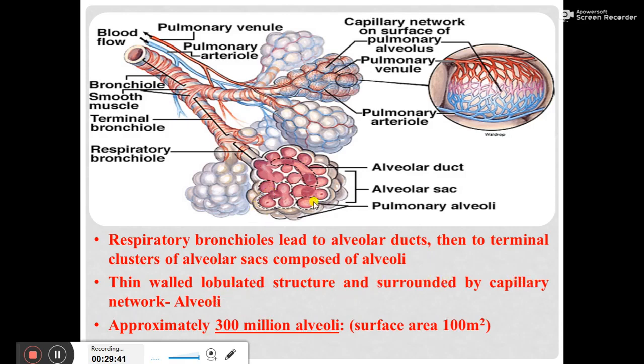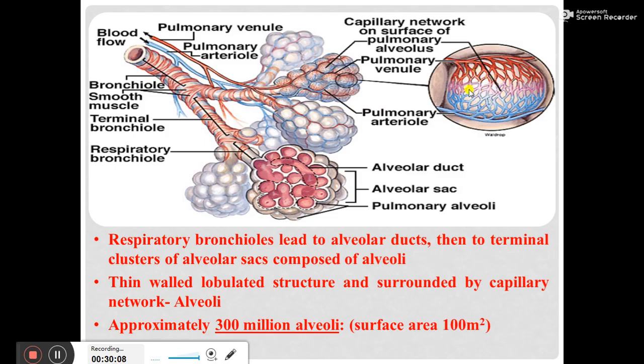So these are the alveoli, and here it is shown, a single alveolus. It is surrounded by a network of capillaries. The capillary network on the surface of pulmonary alveoli connects to pulmonary veins, because these capillaries carry pure and impure blood to the lungs and to the heart.